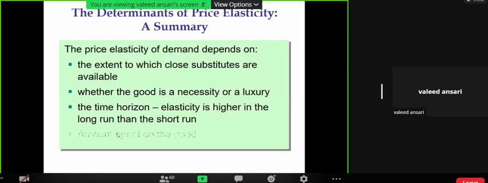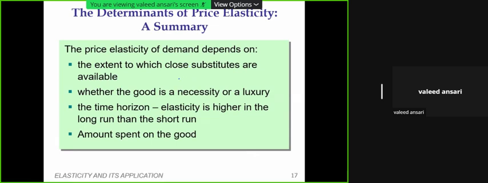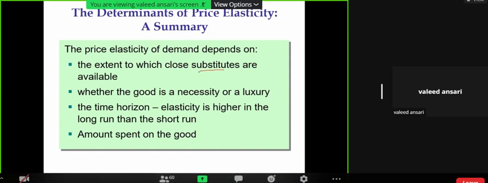So this is in summary. Let us understand this. The extent to which close substitutes are available: the greater the number of substitutes, the more elastic the demand. Regarding the goods in question, necessities are less elastic.